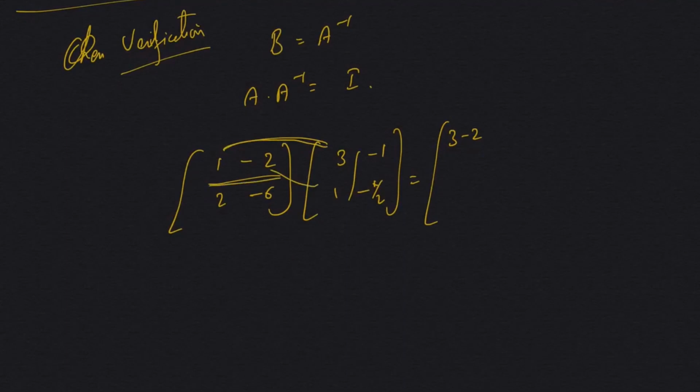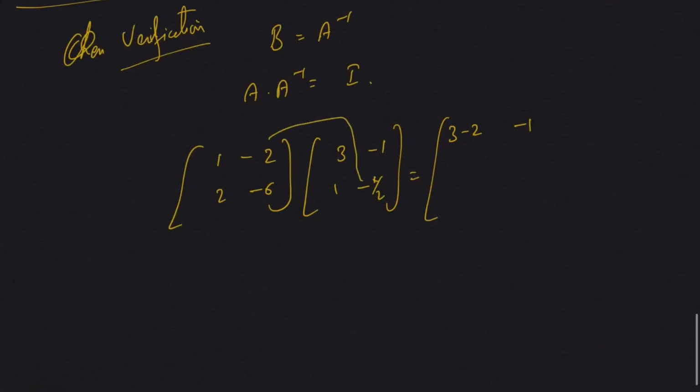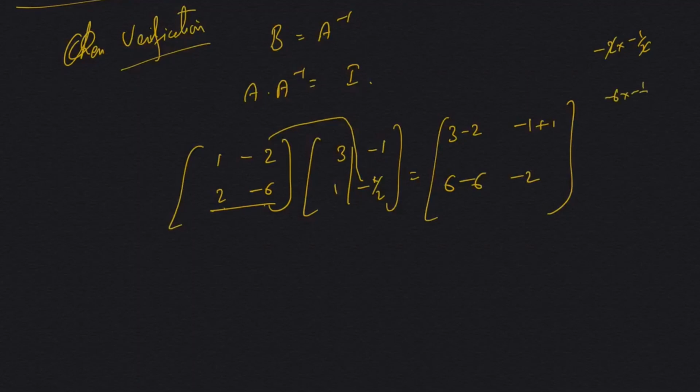Next first row second column, 1 into minus 1, minus 1, minus 2 into minus 1 by 2, plus 1, so 0. Again second row first column, 2 3s are 6, minus 6, 2 1s are minus 2, so 0. Then minus 6 into minus 1 by 2, 3, plus 3.